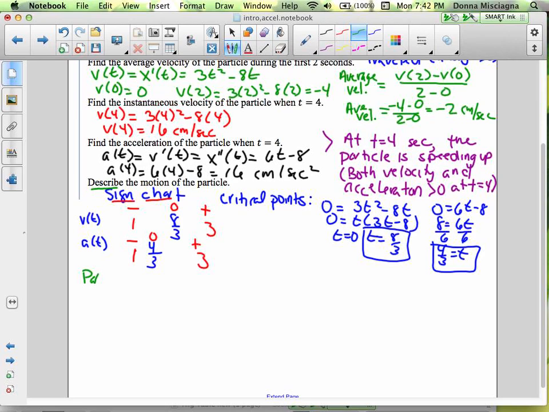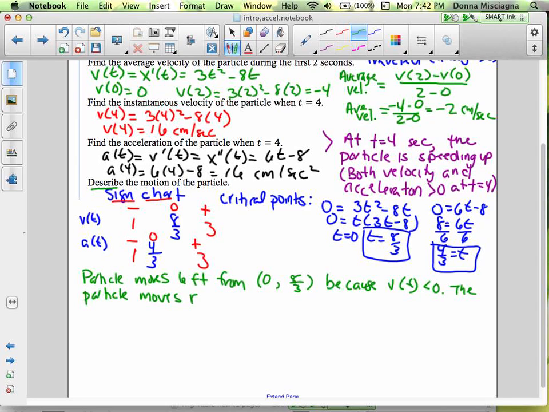So the particle moves left from 0 to 8/3, and we know that because v of t is less than 0. The particle moves right for t greater than 8/3 because v of t is greater than 0.